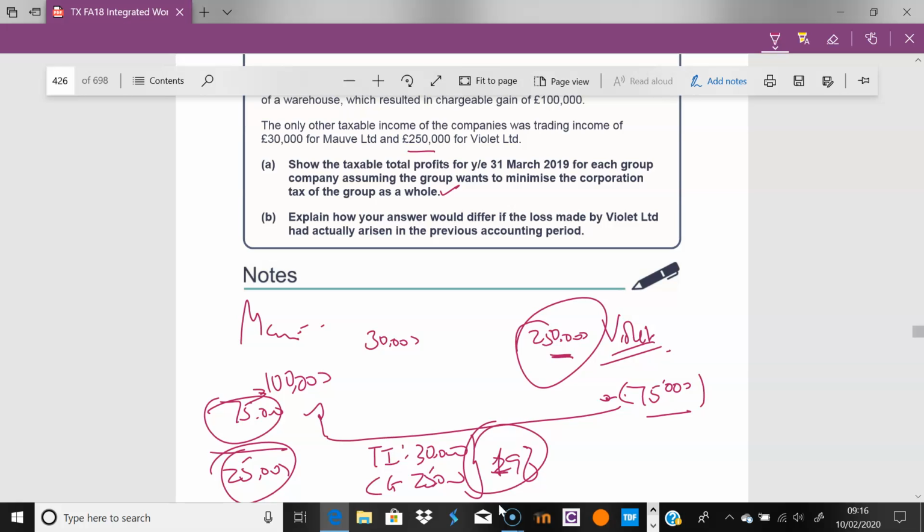It says here, explain how your answer would differ if the loss made by Violet had actually been made in the previous accounting period.